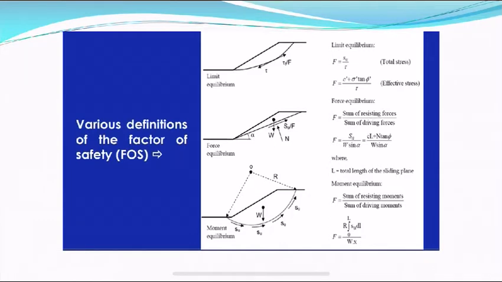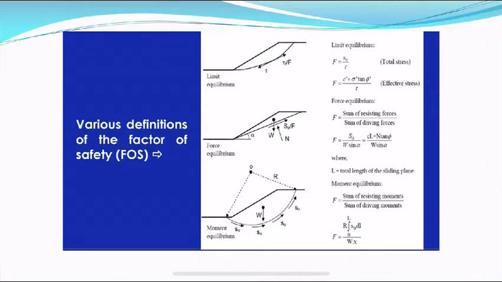In this figure, the resisting forces are the resistance offered by the soil, that is the shear strength, and the driving force is because of the weight of the slice acting vertically downwards. Resolving this along the potential plane of failure, the component works out to be W sin alpha.